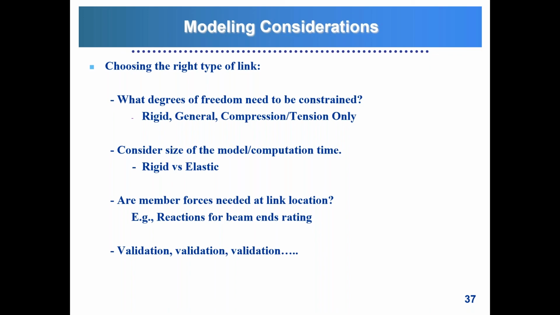And the last consideration is validation. No matter what you're doing, whether it's looking at links, beam end releases, or a simple model, you have to validate it because it's very easy to have a model that looks right from the modeler's perspective, but behaves the wrong way, or does not give you the result for the information that you're targeting to obtain.